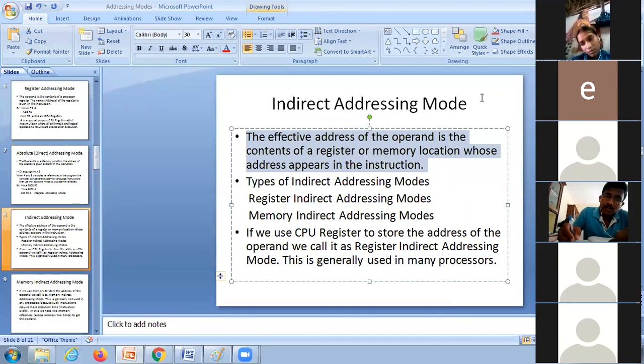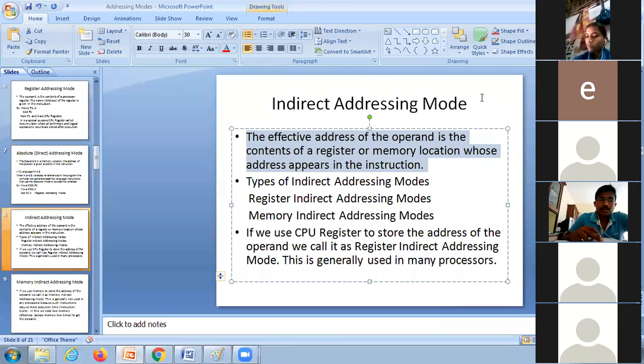The effective address of the operand is the contents of a register or memory location whose address appears in the instruction. At a later stage, I will explain what effective address is, if you are not familiar with it.